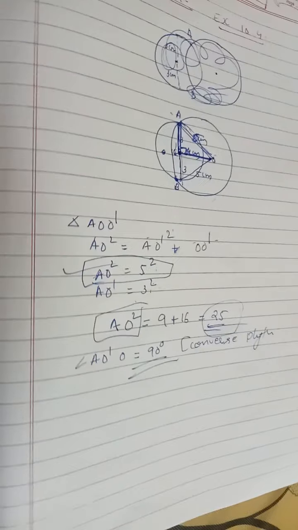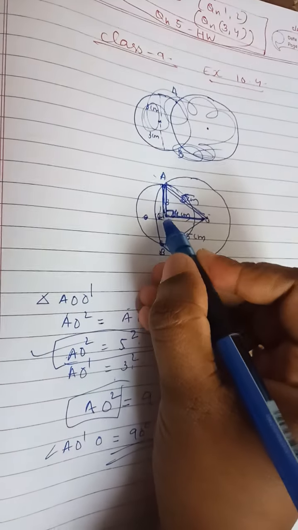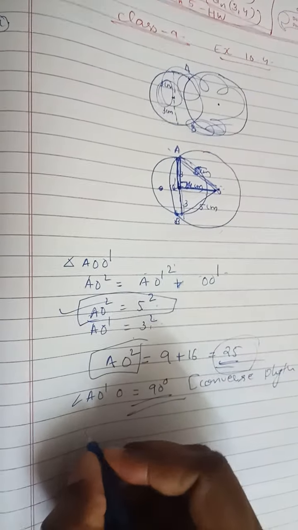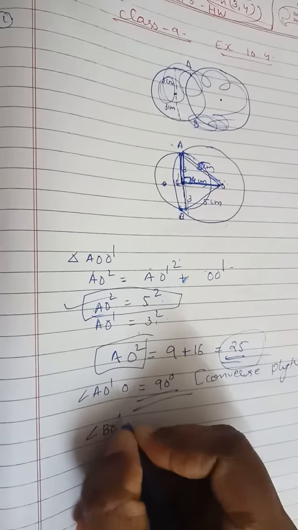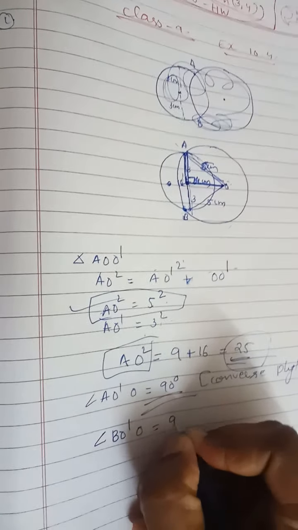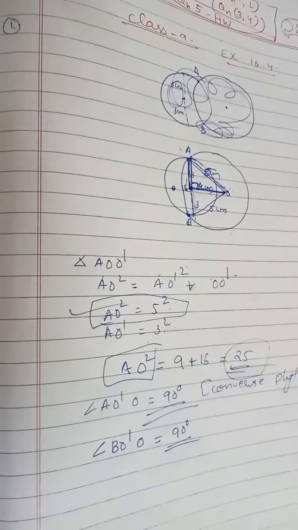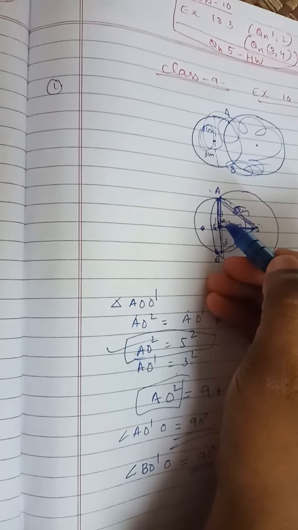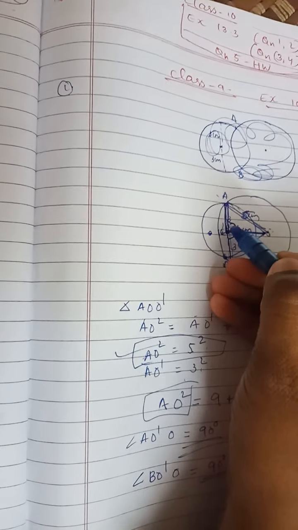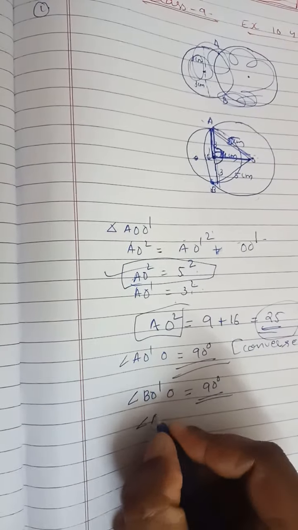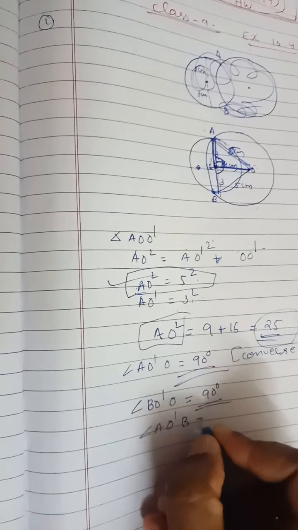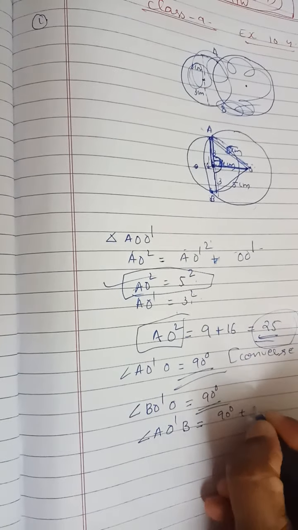Similarly, we can prove that the opposite angle, this one, angle BO dash O, is equal to 90 degrees. Similarly, by using the same theorem, we can write these two are equal to 90 degrees. So I am adding these two, and we will get this straight angle, correct? Angle AO dash B is equal to 90 degrees plus 90 degrees.